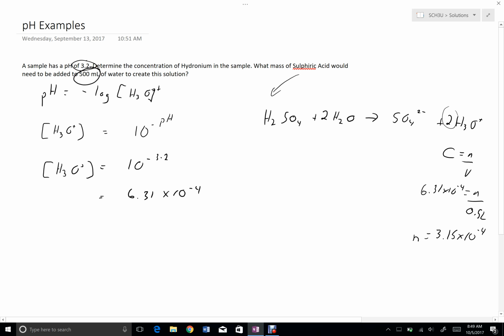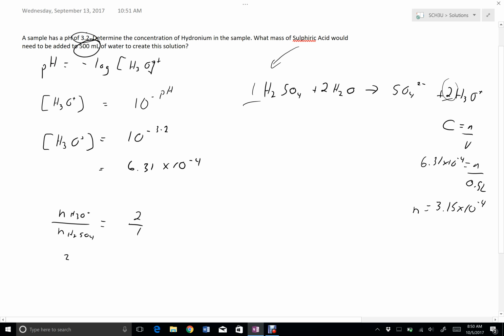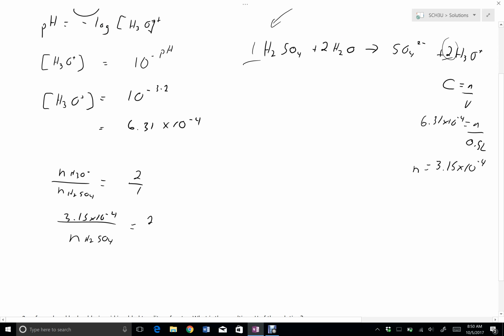This is in a 2-to-1 ratio with the actual sulfuric acid, so my moles of hydronium in comparison to my moles of sulfuric acid is in a 2-to-1 ratio. So if I have my 3.15 times 10 to the negative 4 moles of hydronium, then I can get my actual moles of sulfuric acid.